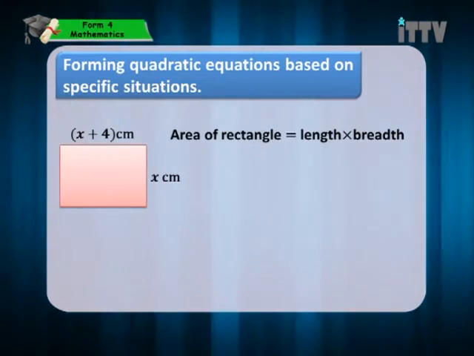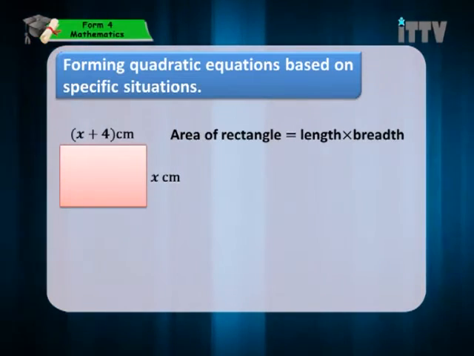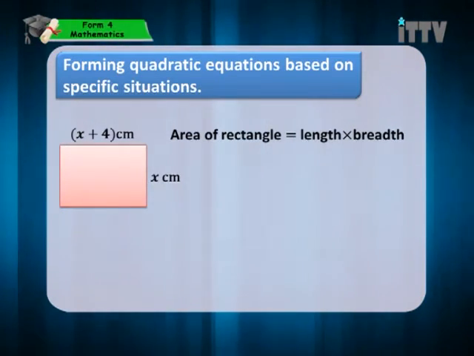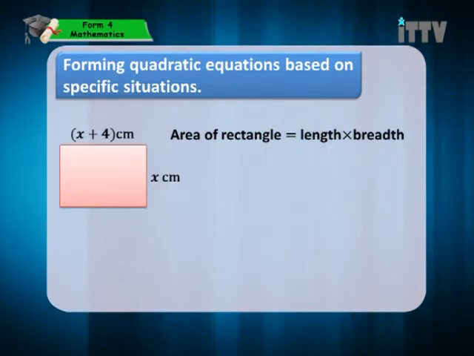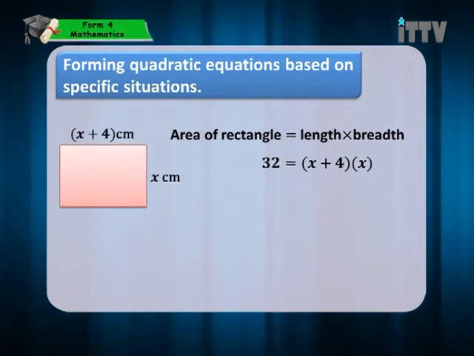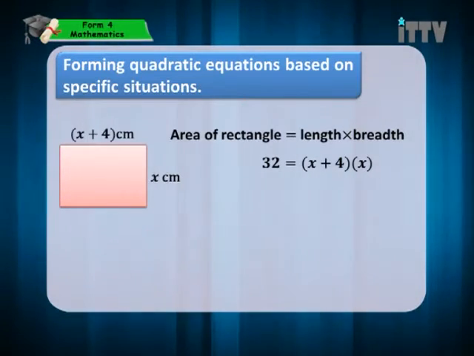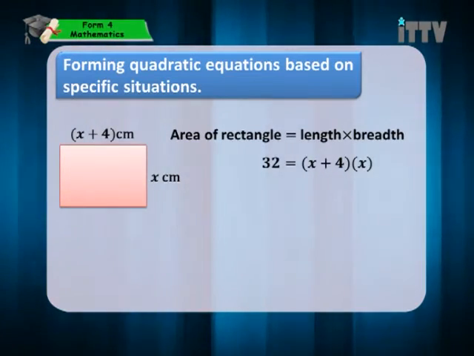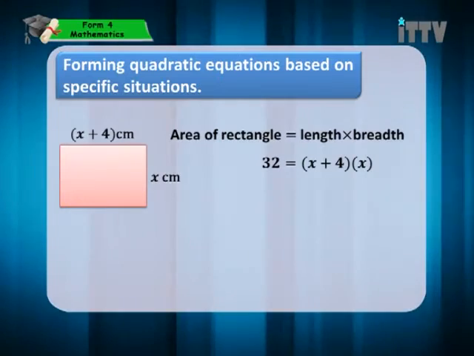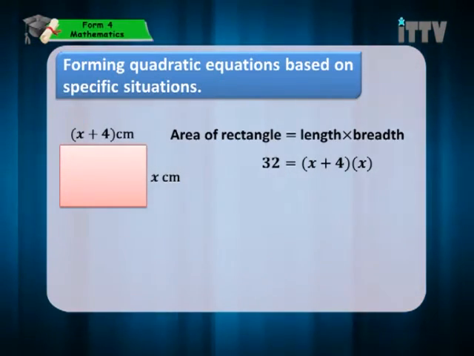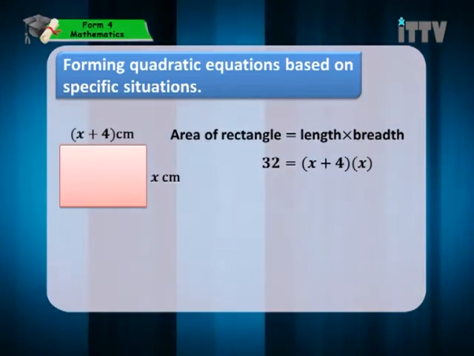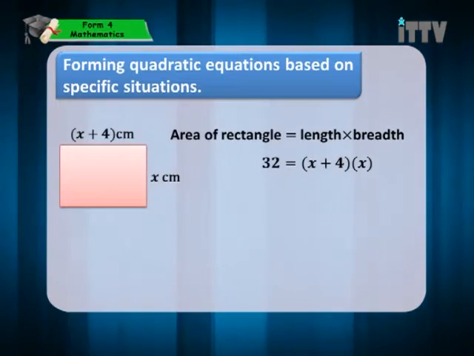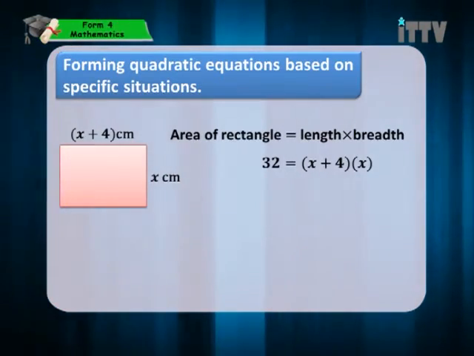Because the area of the rectangle is the length multiplied by its breadth, we can form a quadratic equation by equating the area of the rectangle, which is 32 centimeters squared, and the length times the breadth of the rectangle in terms of x. So 32 equals x plus 4 multiplied by x.